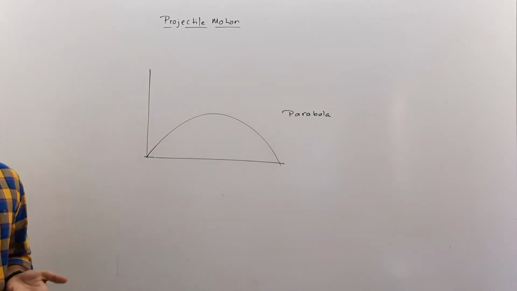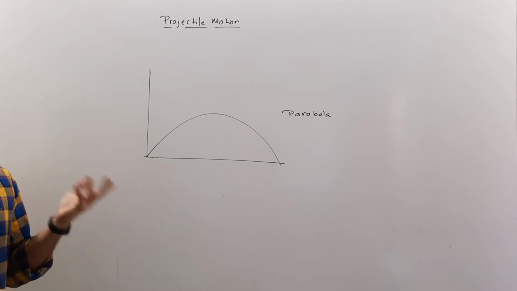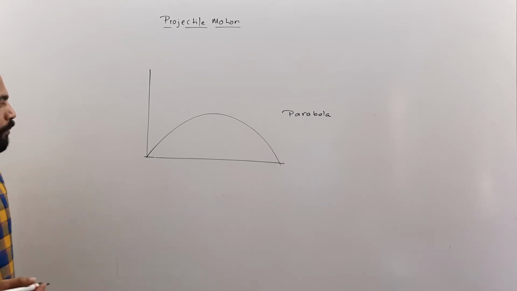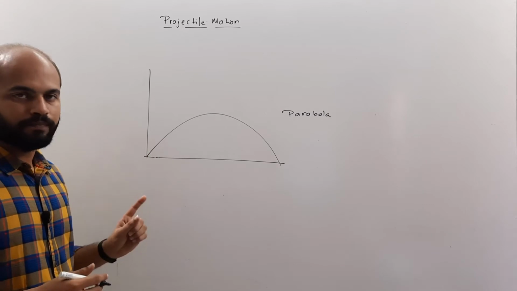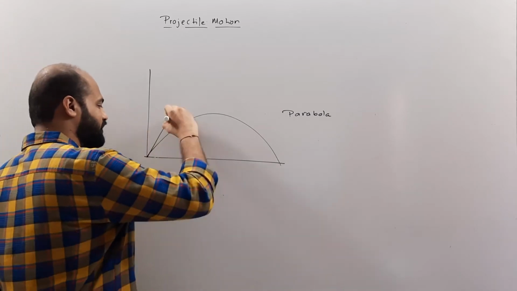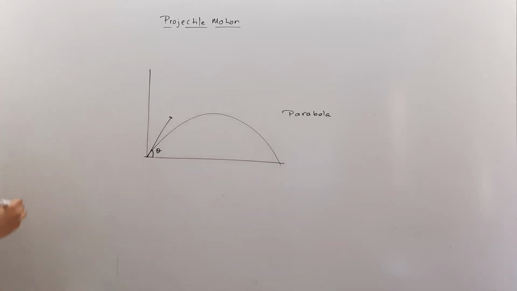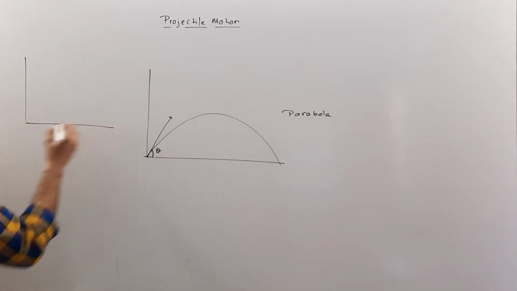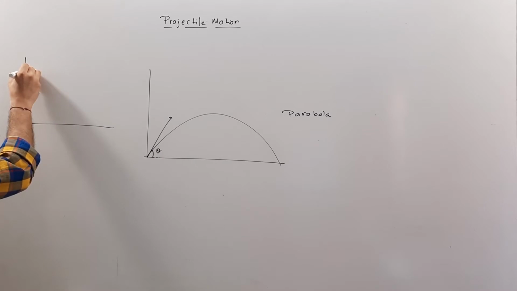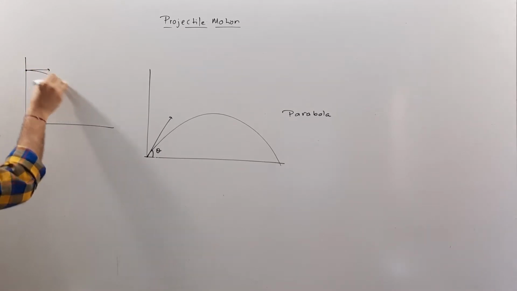Now this projectile motion can be in different ways. For example, a projectile can be depicted this way, wherein it is projected at some angle theta. So this is one type. The other kind of projectile can be something like this, wherein you are exactly dropping it from here with a horizontal velocity.